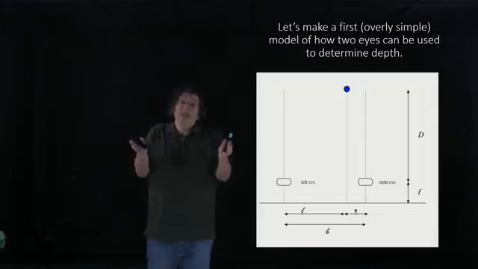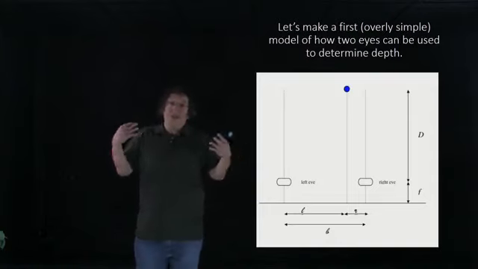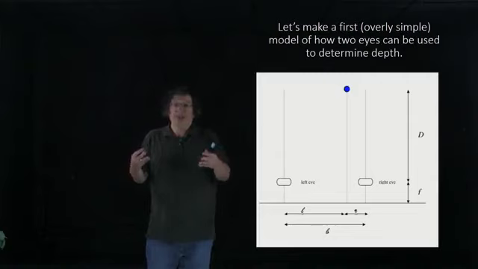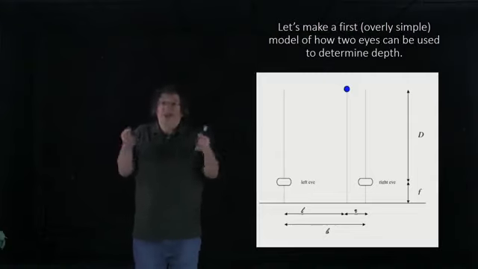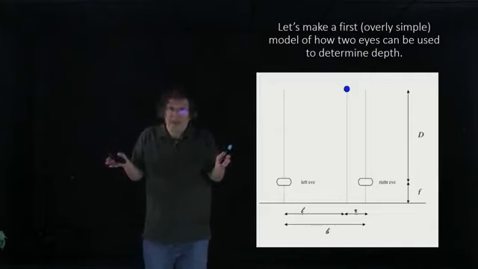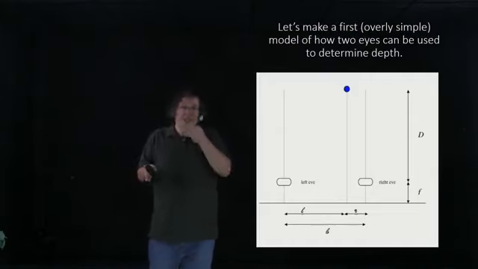It doesn't change. Well, sure, as we grow up and our head size changes, it changes. But to a very good first approximation, B doesn't change. It's the same from day to day for us. So B is a constant, F is a constant.